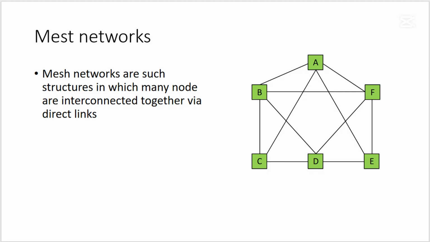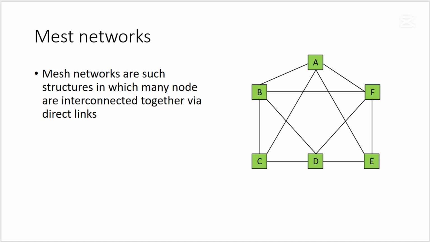As you can see, mesh networks are structures in which many nodes are interconnected together via direct links. So in mesh topology, each node is connected to several other nodes in the network, forming a web-like structure. This provides multiple paths between any pair of nodes, giving high redundancy and fault tolerance.